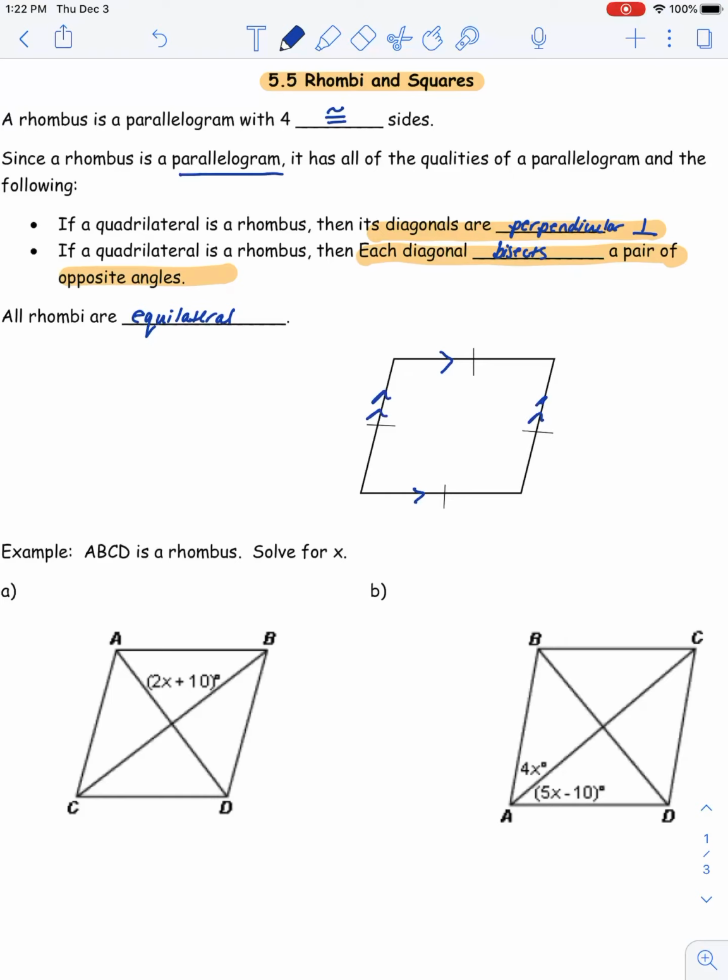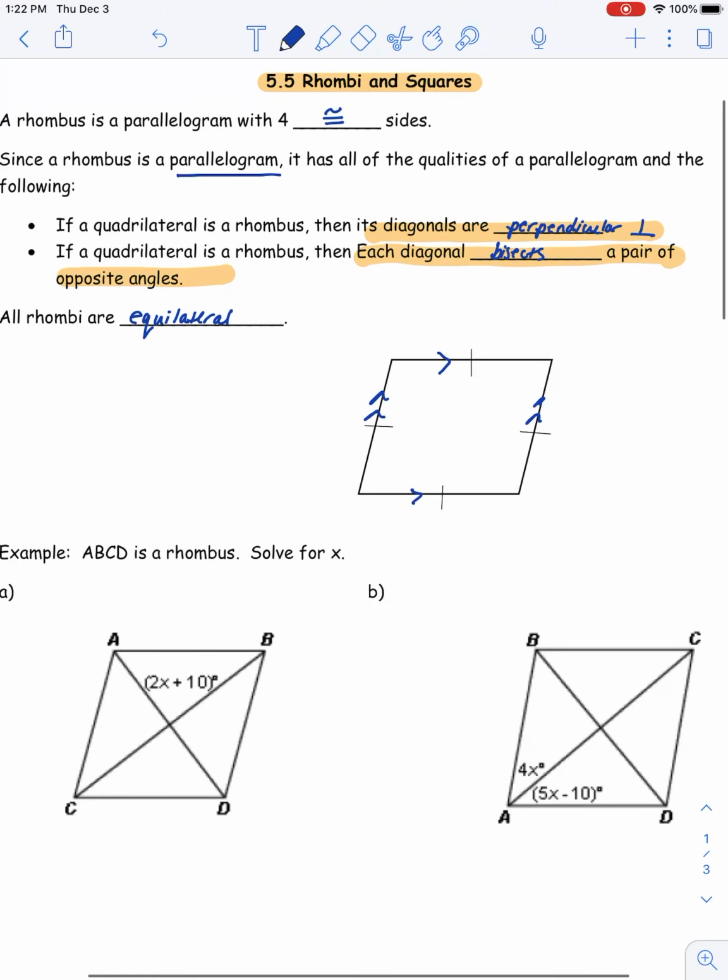We also know that opposite sides are congruent, but in this case, they're all congruent. Draw 2 diagonals here. Because it's a parallelogram, the diagonals bisect each other.